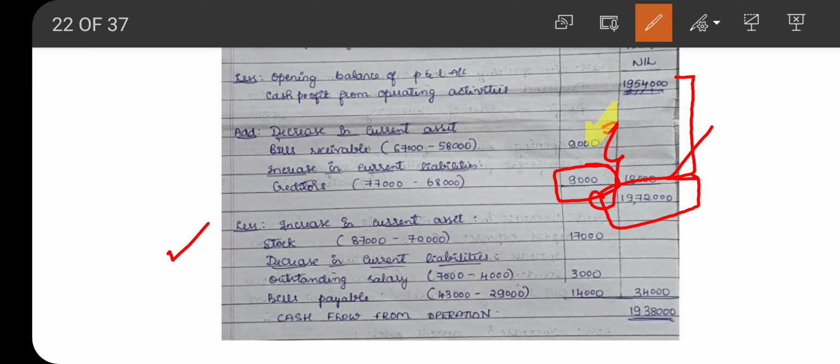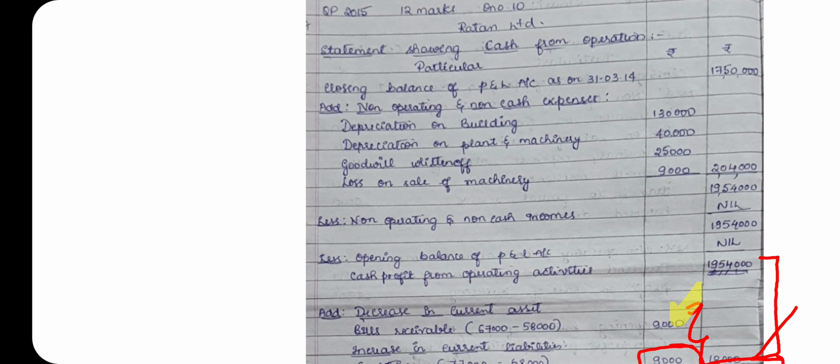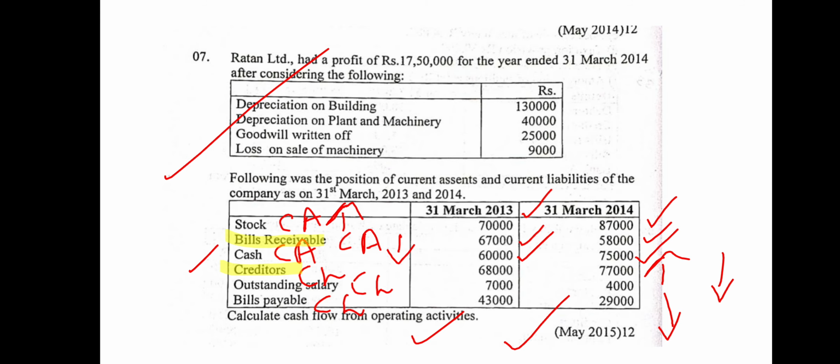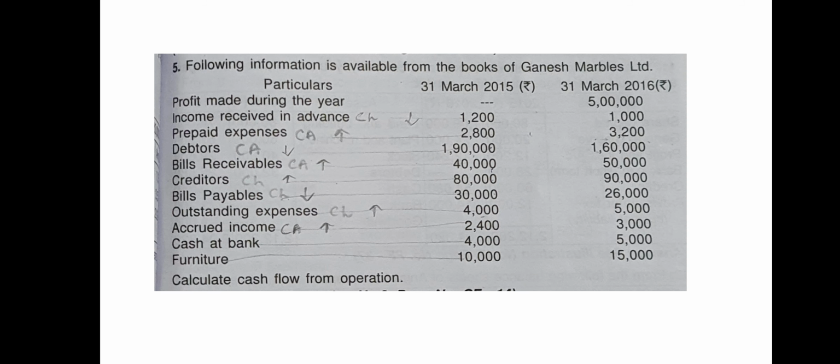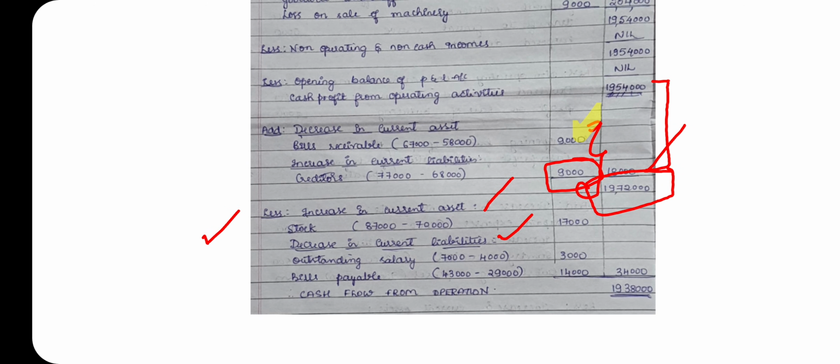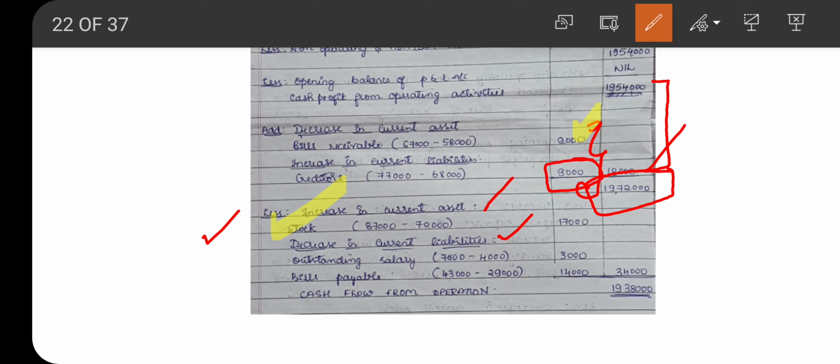From this you need to deduct increase in current asset and decrease in current liability. So stock has been increased. Then decrease in the current liability is outstanding salary and bills payable. So under increase in current asset, stock, and under decrease in current liability we are having outstanding salary and bills payable.